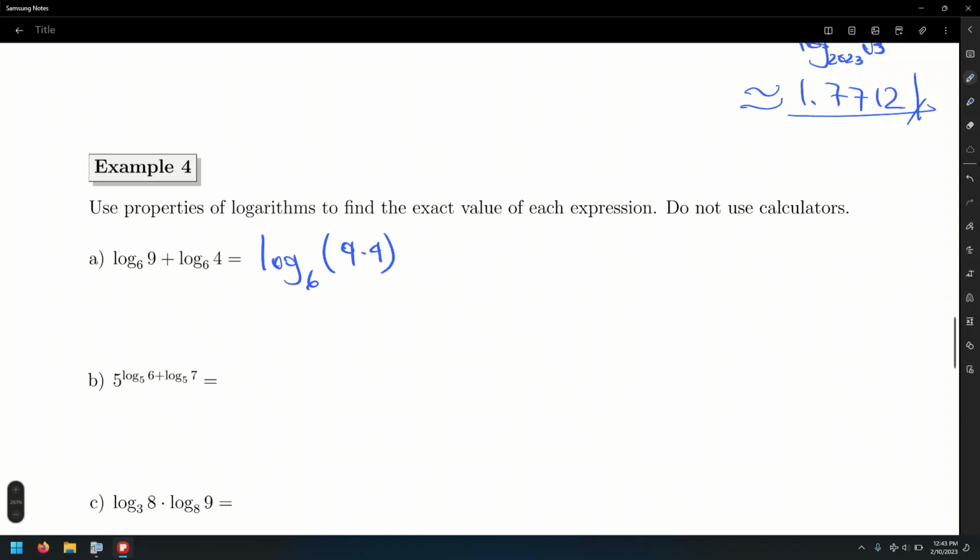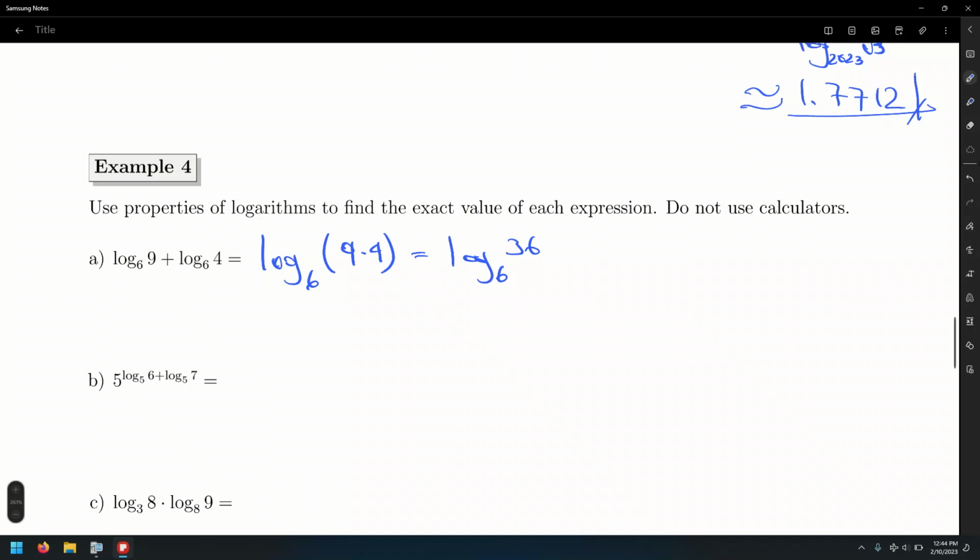All right? And of course, the goal here is to simplify these logarithms without the use of the graphing calculator, just by using the properties. So 9 times 4 equals 36 on the base 6. And well, this problem right here, logarithm of 36 on the base 6, we can simplify.